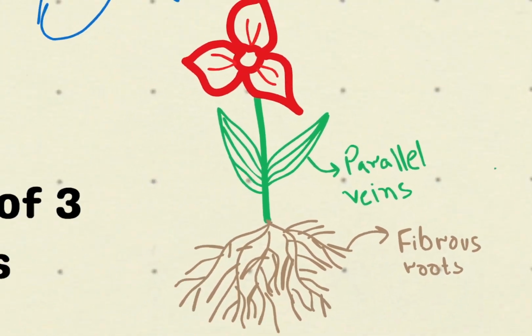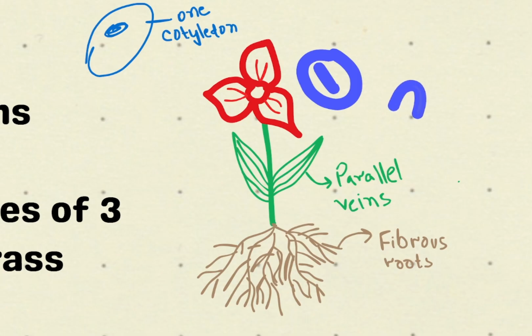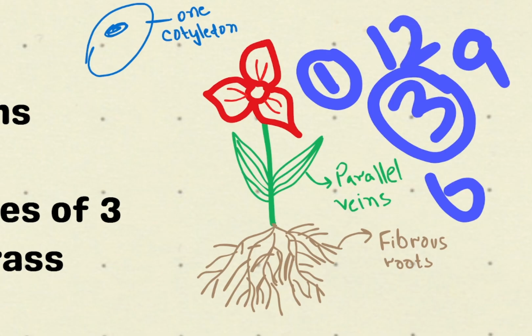So if I just zoom over here, this is how a monocotyledon flowering plant is going to look like. What tells me that this is a monocotyledon? The first thing to note over here is that the petals on the flower are going to be present in multiples of 3. So they can be 3, or 6, or 9 or 12. So they're in the multiples of 3.